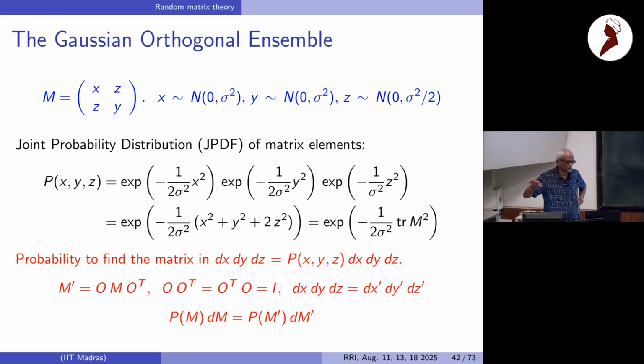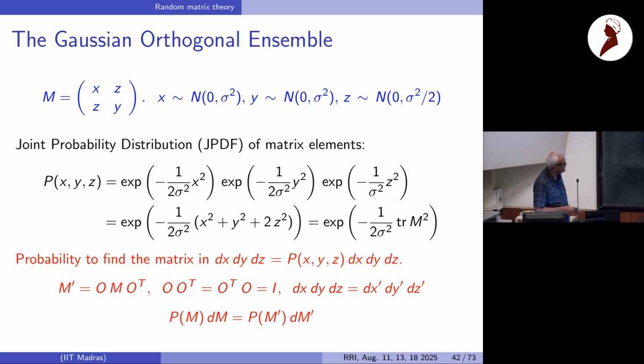It should be basis independent. If it is basis dependent, then there are so many different bases, you can't really compare one from the other. So this trace M squared is independent of whatever basis you may have, and therefore this is said to be an invariant ensemble.